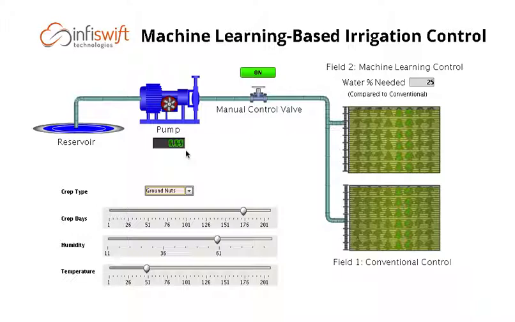We just augment that, and the platform becomes the driving decision maker, so that you end up spending less of your resources on water and energy, and you get the same or better result.